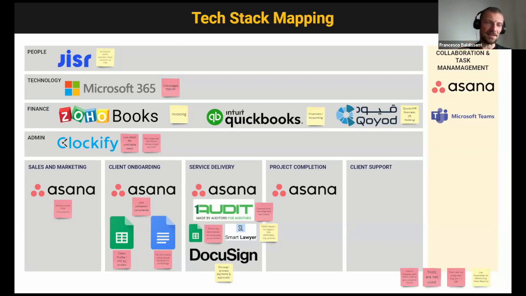Sometimes the tool is not fully adopted. You have templates for the team to use, you have tasks for each project, but the team doesn't use the tool or doesn't use it with full compliance. So we map all the issues that we see for all the tools.